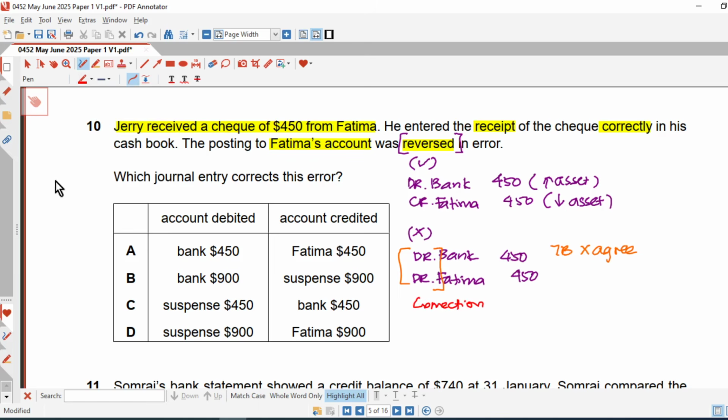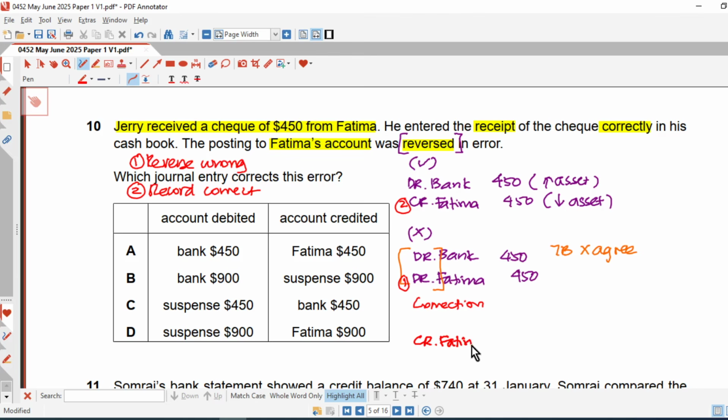So once again, I'm going to come up with the 2 steps. We are first going to reverse the wrong entry, and after which we are going to record the correct entry. So here, my step 1, I'm going to reverse the debit to Fatima, and step 2, I'm going to record the credit to Fatima.